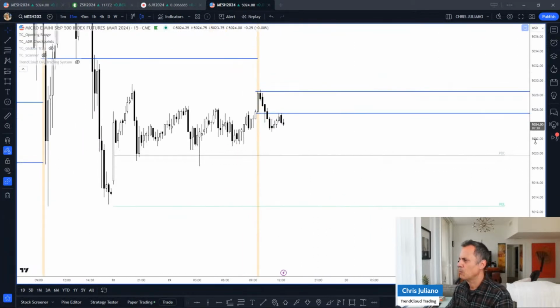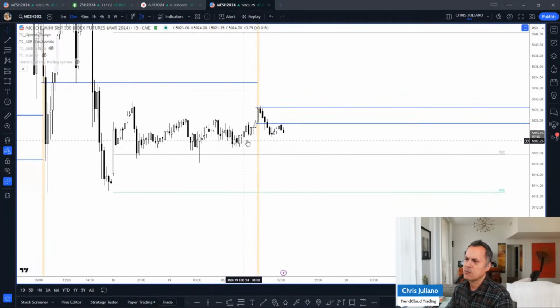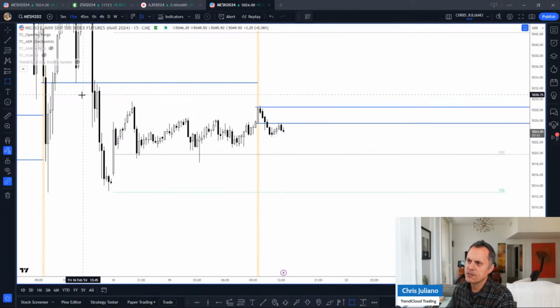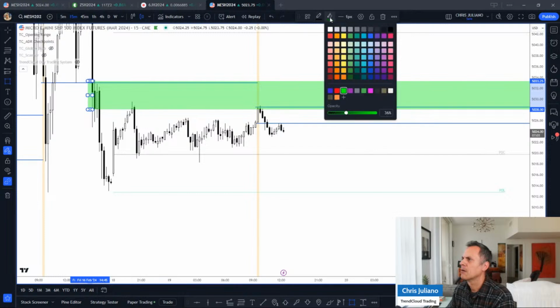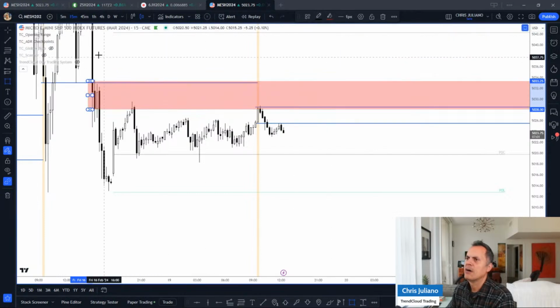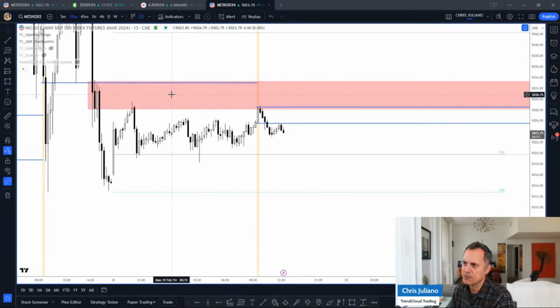Now, what else can we do here? Well, we can box this out. You can also see right here, this drop base drop, right? Look at this drop base drop right here. On that 15-minute chart, look at how the opening range formed right at the top of this drop base drop supply zone here.